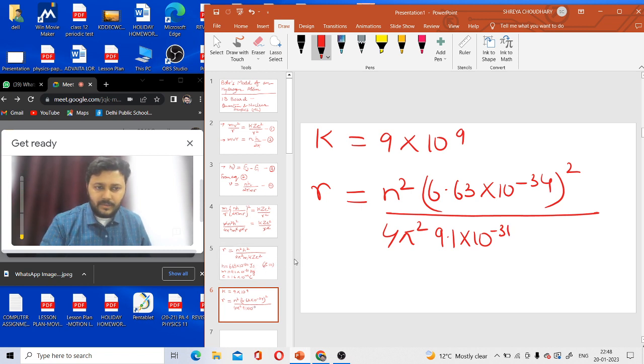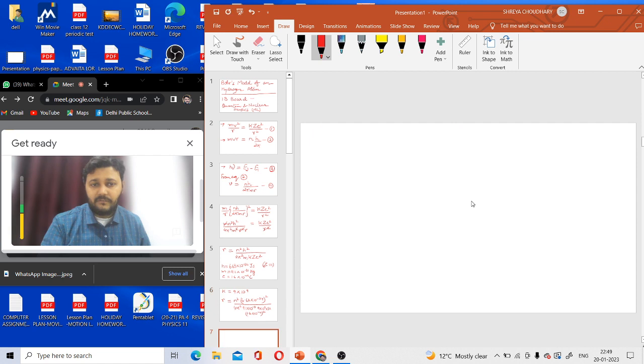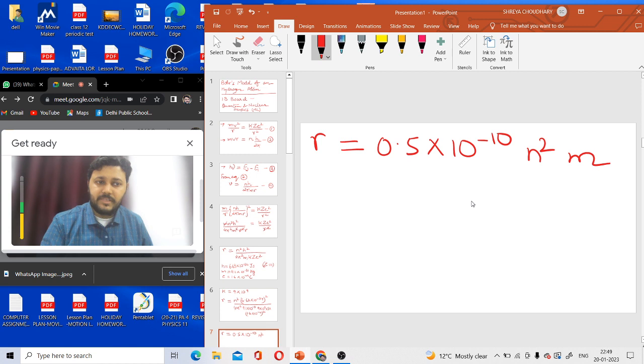The value of k is 9 into 10 to the power 9, Z is 1, and e is 1.6 into 10 to the power minus 19 whole square. If we keep all these values, we will find the value of r as 0.5 into 10 to the power minus 10 n square meter.